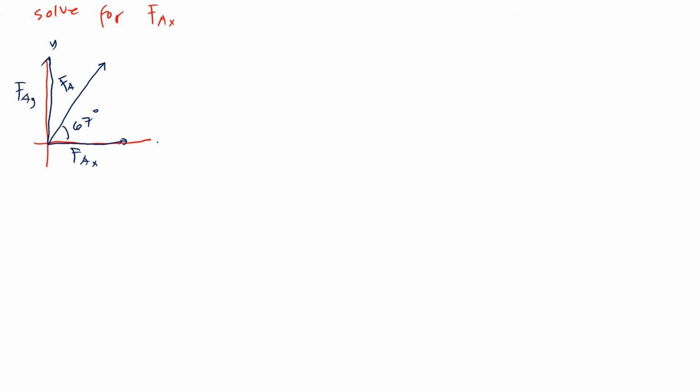By analyzing this, we're going to use the applications of basic trigonometric functions. For solving F sub Ax, we're going to use the cosine function, and you can go back to our lesson on components of vectors to be refreshed about this concept. So F sub Ax is given by the equation F sub A cosine of 67 degrees, which is the force of the wind in the x component.